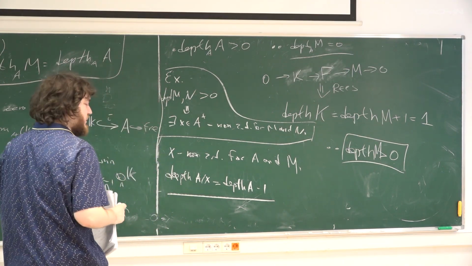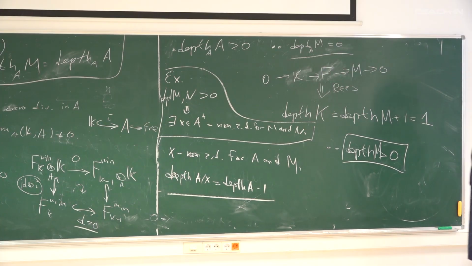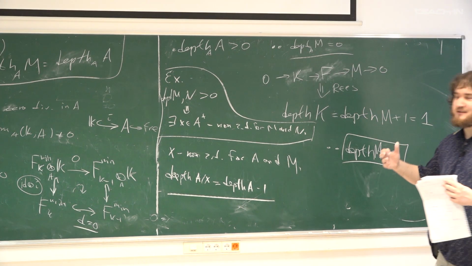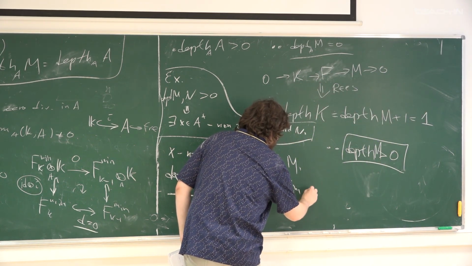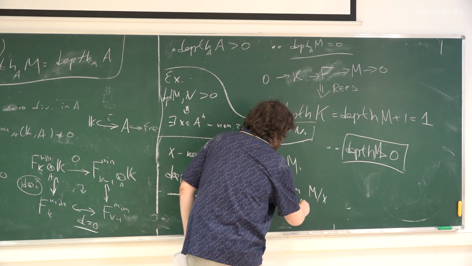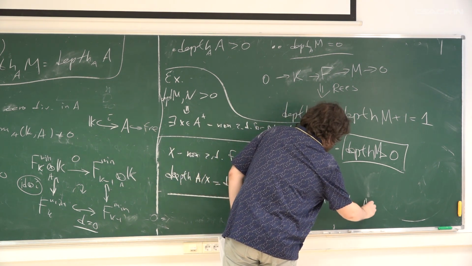And from the first exercise today, we know that quotient by a regular sequence, for example, quotient by non-zero divisors, preserves exactness. This means that projective dimension of M modulo x over A modulo x is the same thing as projective dimension of M.